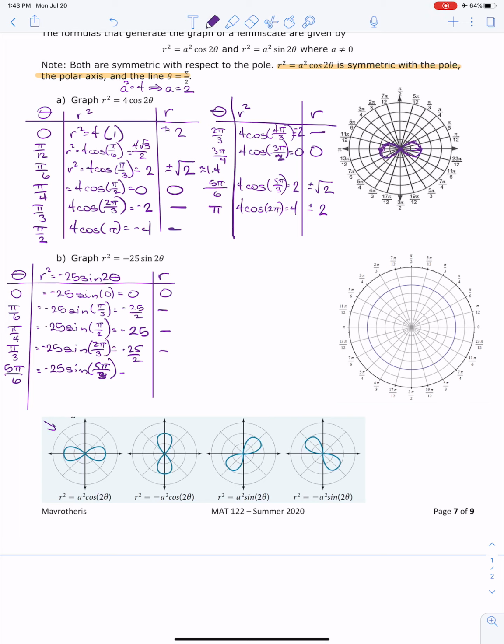The sine at 5 pi over 3, which is in quadrant 4, is negative. So I got negative 25 times negative square root of 3 over 2. So I end up with positive 25 square roots of 3 over 2, roughly 4.653.